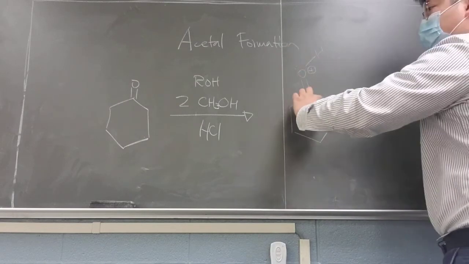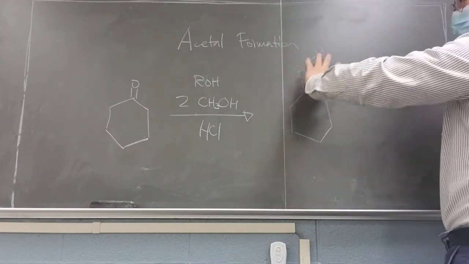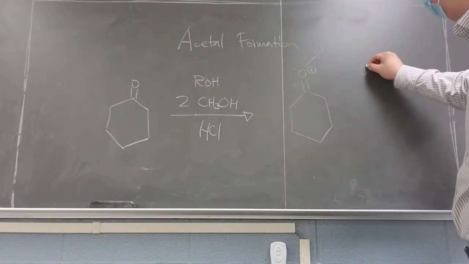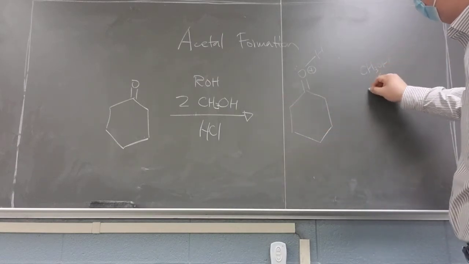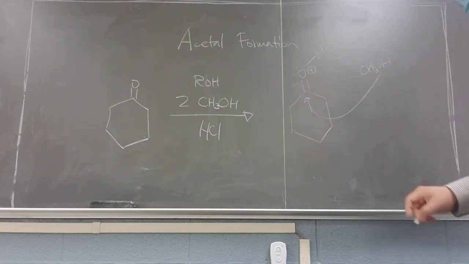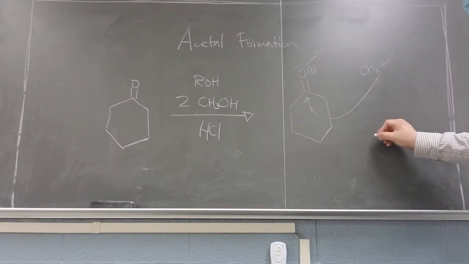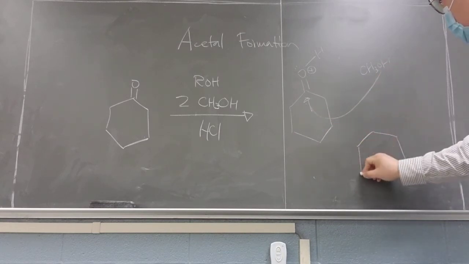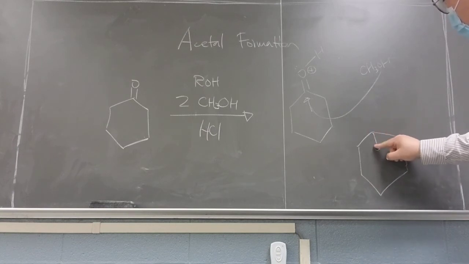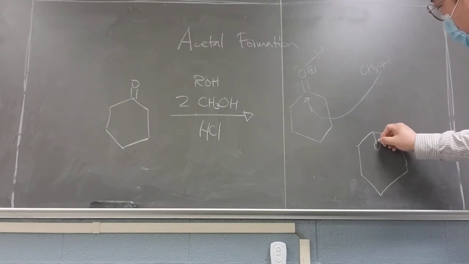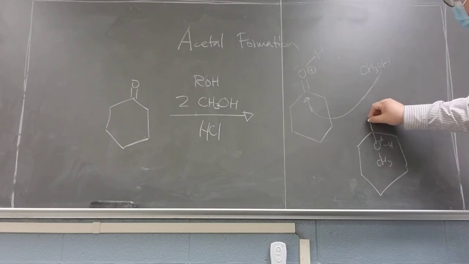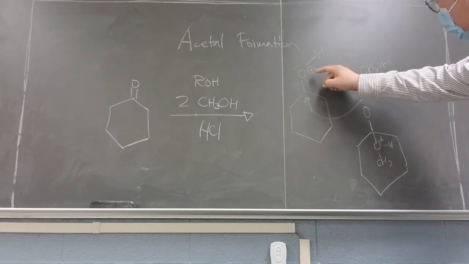Now this carbonyl group becomes very unstable, and this is where the methanol comes into this carbon, which is also a very electron-poor carbon. So if that happens, this oxygen will have a positive charge with the hydrogen and one methyl group here, and this goes to there.